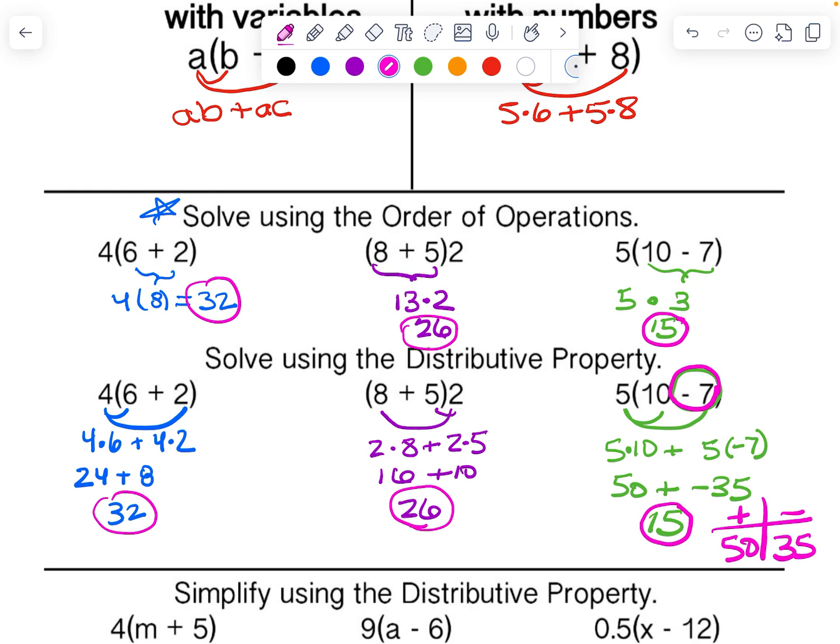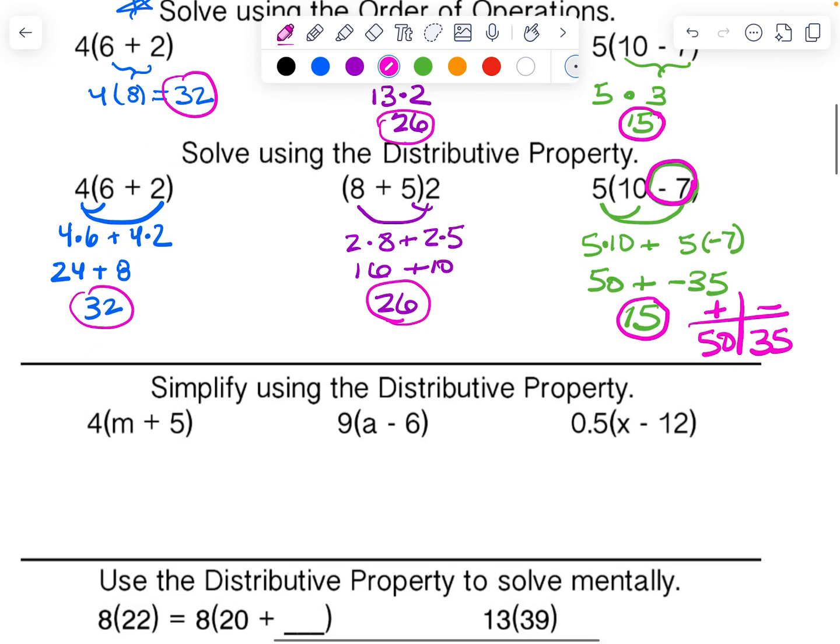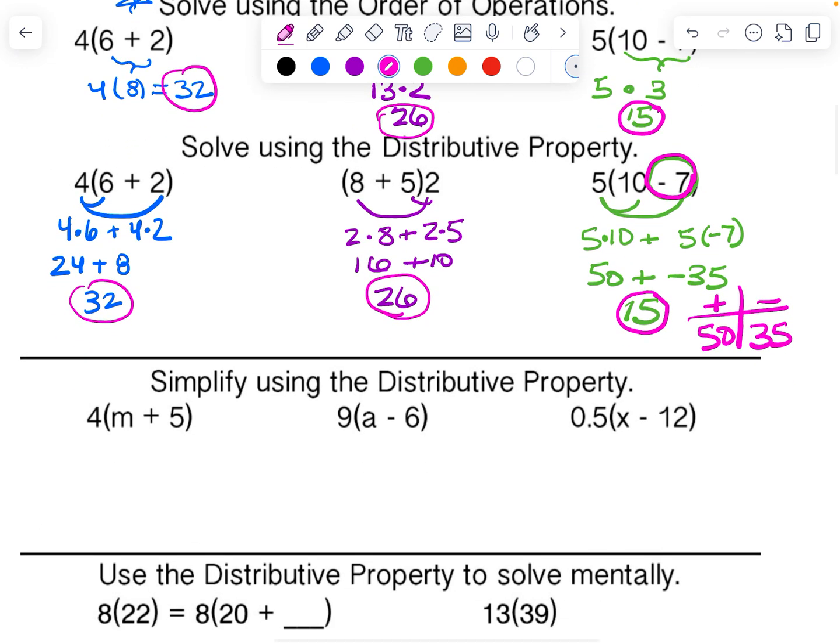Okay, so now this says to simplify, not solve. And we're going to be starting to use variables. Variables, as you know, are letters that represent numbers. And when we simplify, much like you saw when we did exponents, we don't always get an answer.